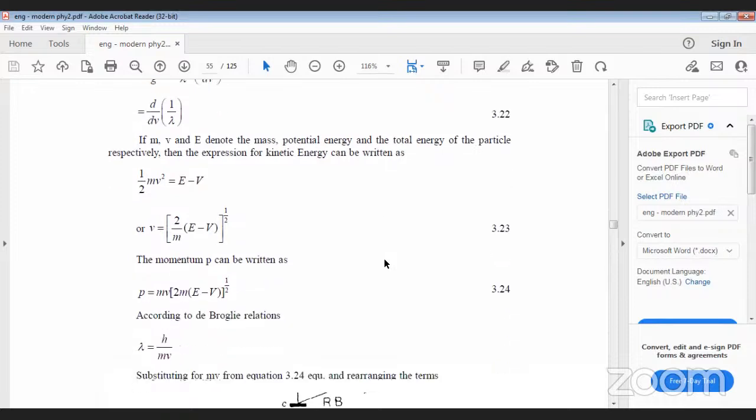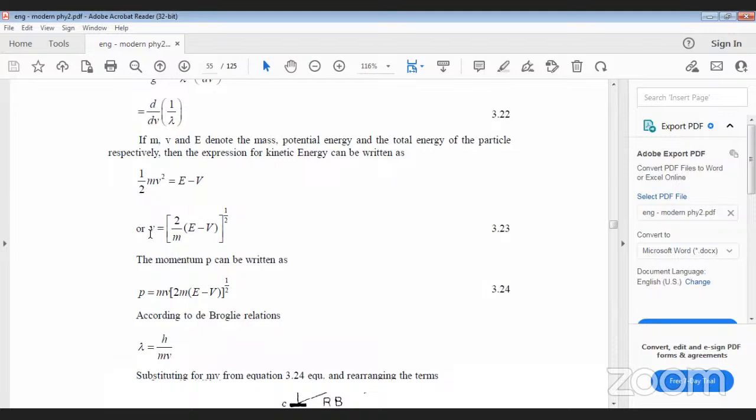And how to calculate the total energy? Total energy means the sum of the potential and kinetic energy. U plus V equals E. U is the potential energy, V is the kinetic energy, and capital E is the total energy. E minus V equals the kinetic energy.